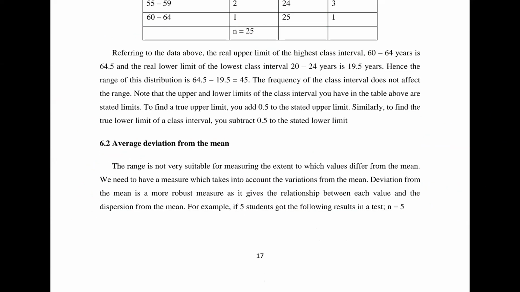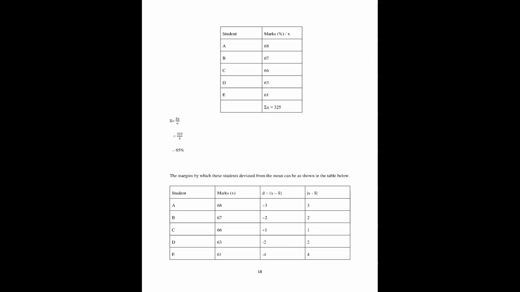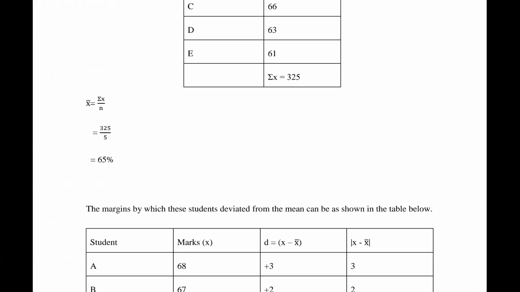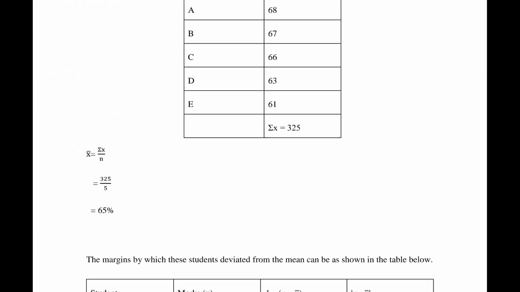What about the average deviation of the mean? Actually, it's just as good as how to find the mean, what we discussed last time. What you do is sum all the individual scores.